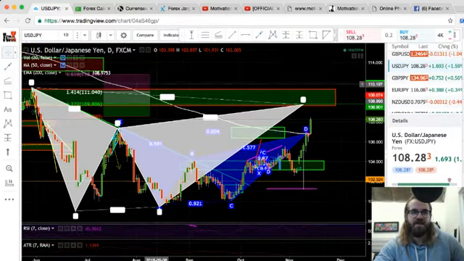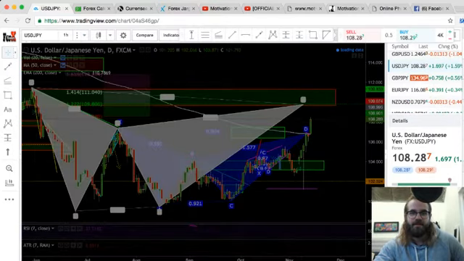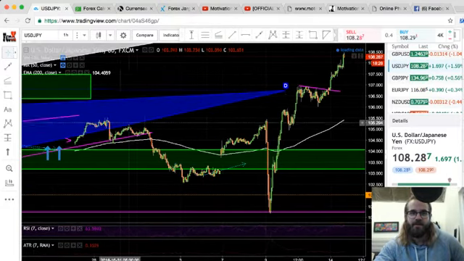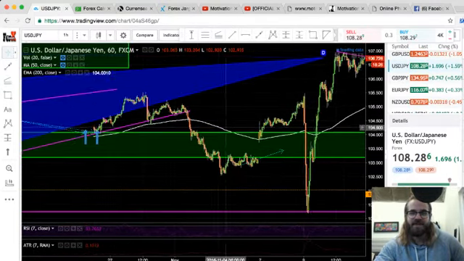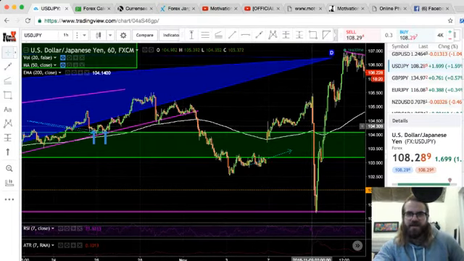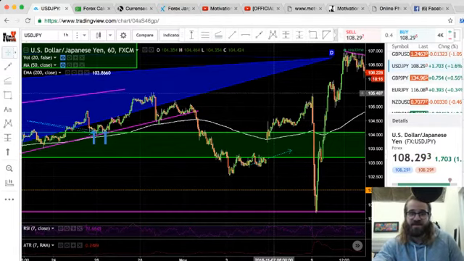So we can see it on the lower time frames here, and you can see how structure works in here.